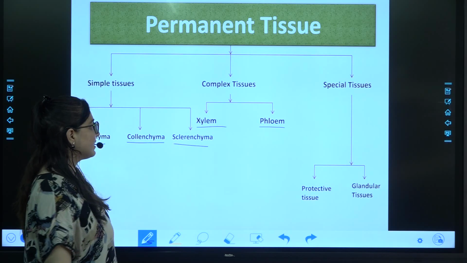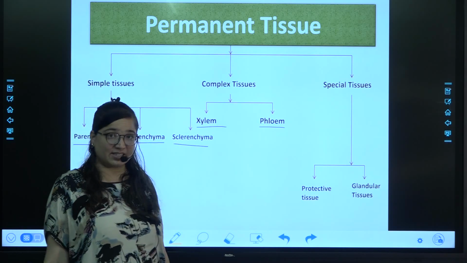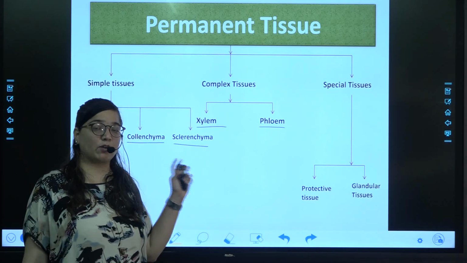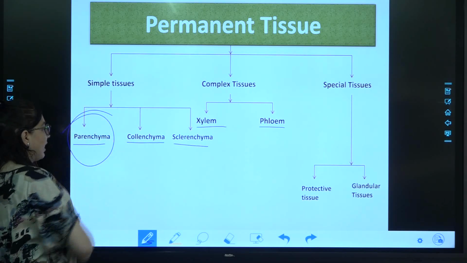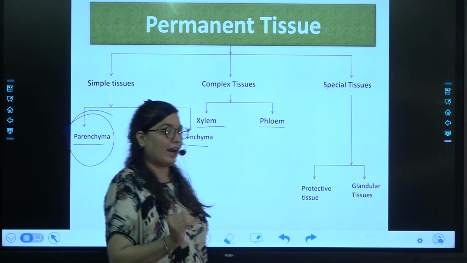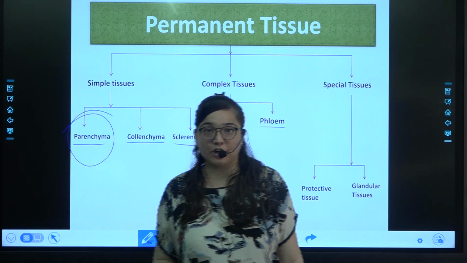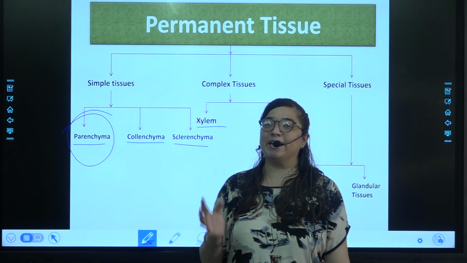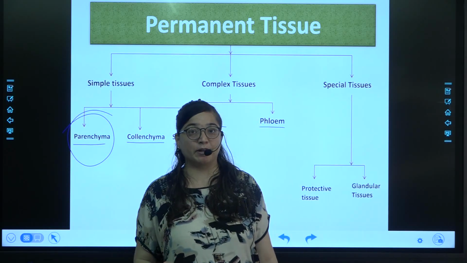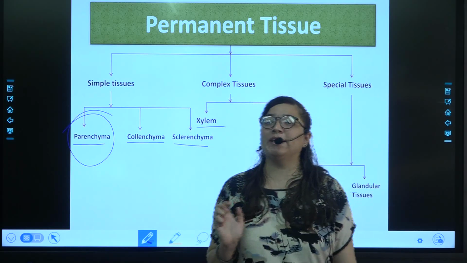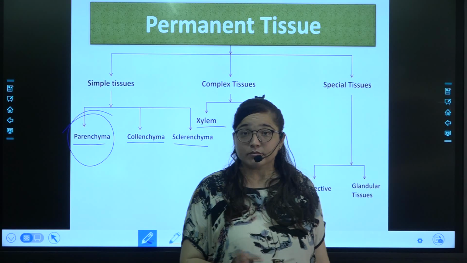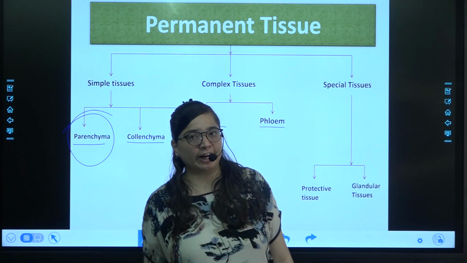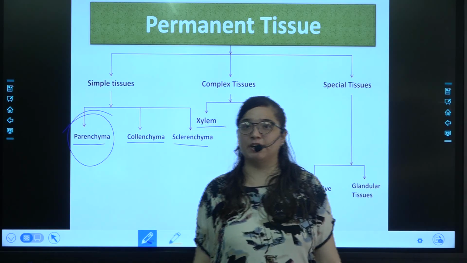There are many functions given in your book, and all those functions will be collectively given in the form of a table. Finally, you will need to learn only that table. All the functions will be covered in it. If you have any doubt, you can contact me.